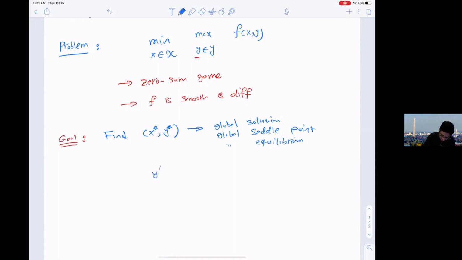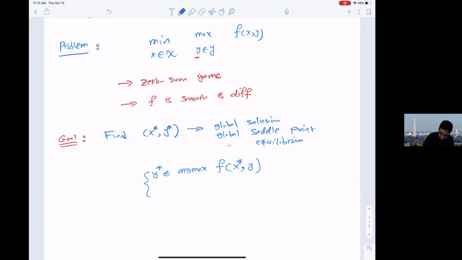So this y star is the arg max of my objective function if I plug in x star. If my x player uses x star as its value, this function will be a function of y, and y star is the best. So the max player does not have any incentive to change the value y star to another value.